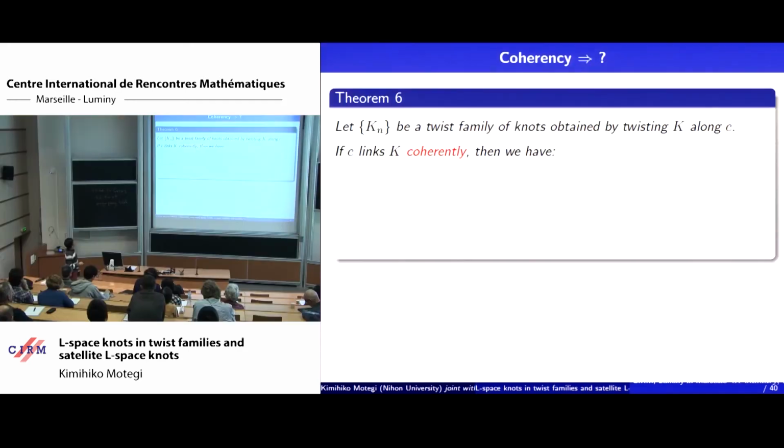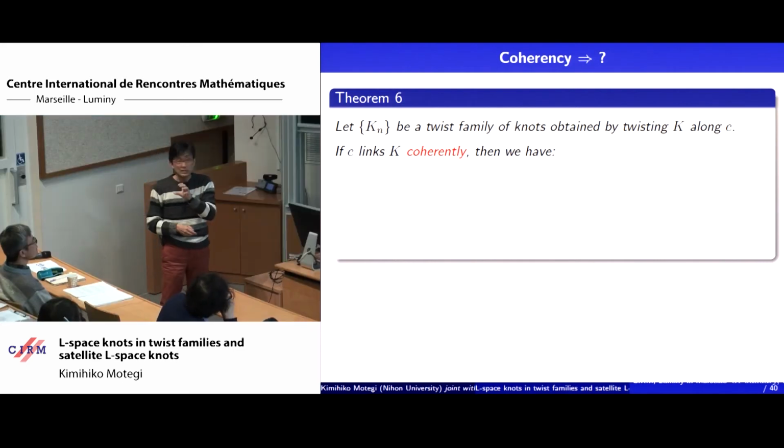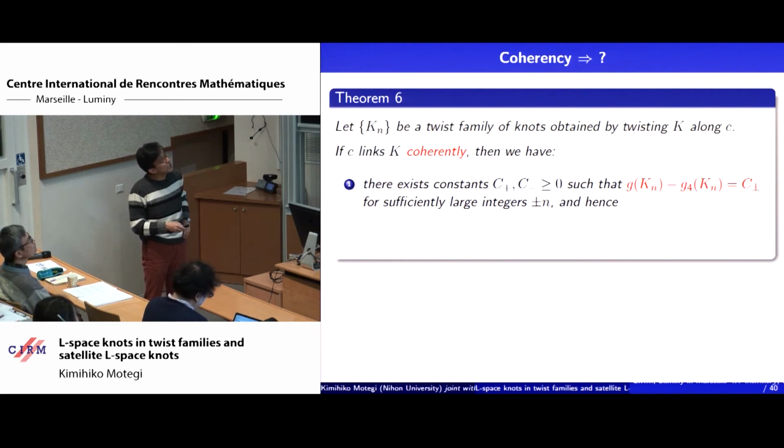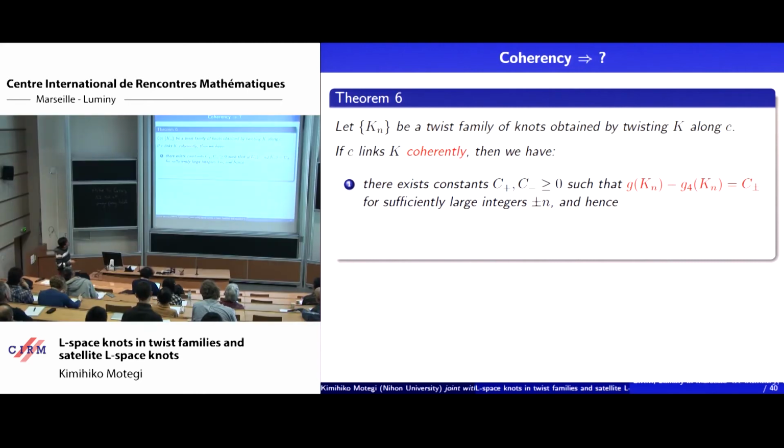Okay. And now, how about the coherent twist family implies something? Let Kn be a twist family of knots obtained by twisting K along C. And if C links K coherently, so winding number equals the wrapping number, then there exist constants C plus and C minus such that the difference between the Seifert genus of Kn and the slice genus of Kn equals C plus or minus for sufficiently large integers n, plus n and minus n, respectively.